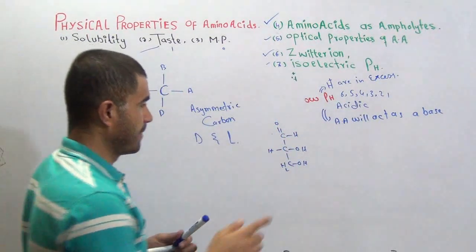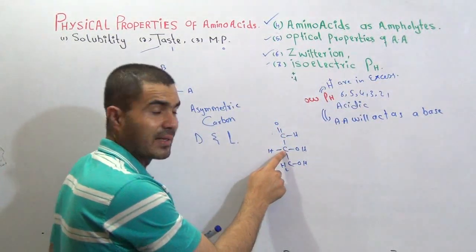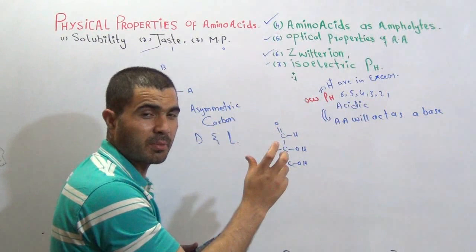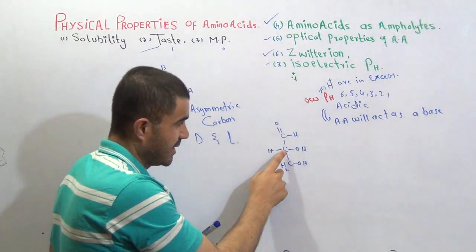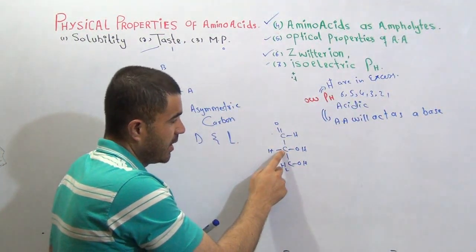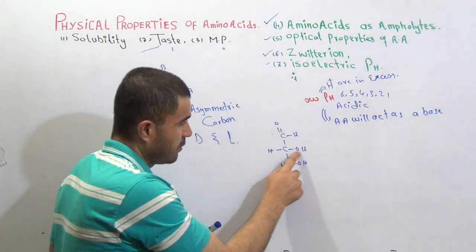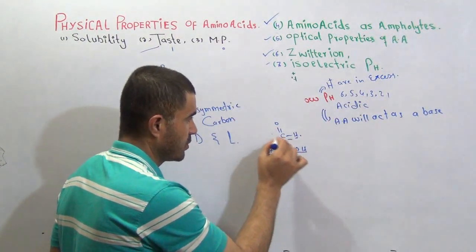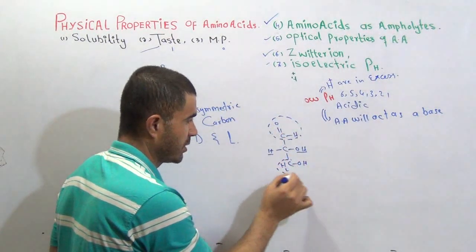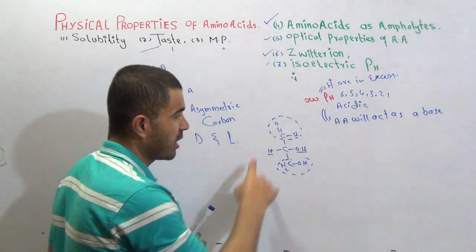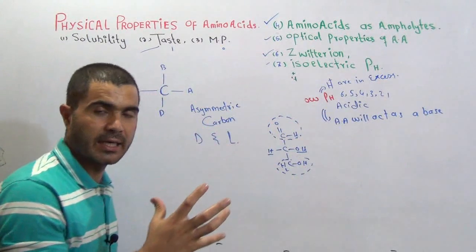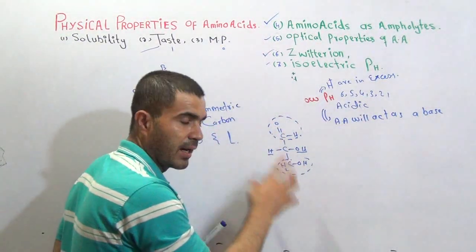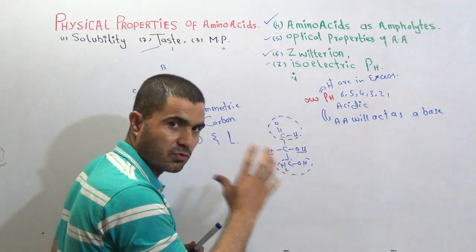If you look at this carbon, it is an asymmetric carbon. Around this carbon you can see 4 different groups. OH is different, H is different, this whole group is different, and this whole group is different. So around the carbon we have 4 different groups, so this is an optical isomer.